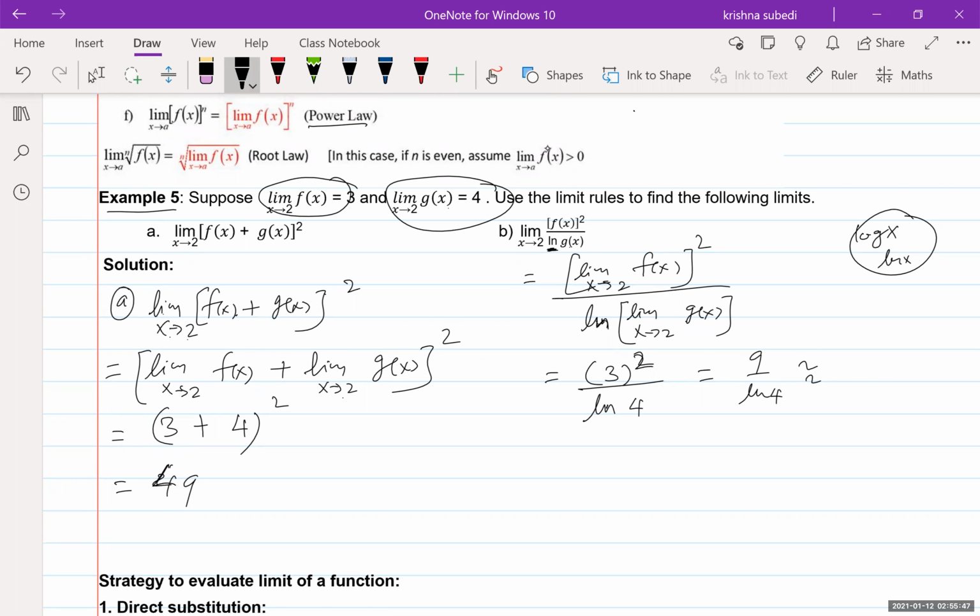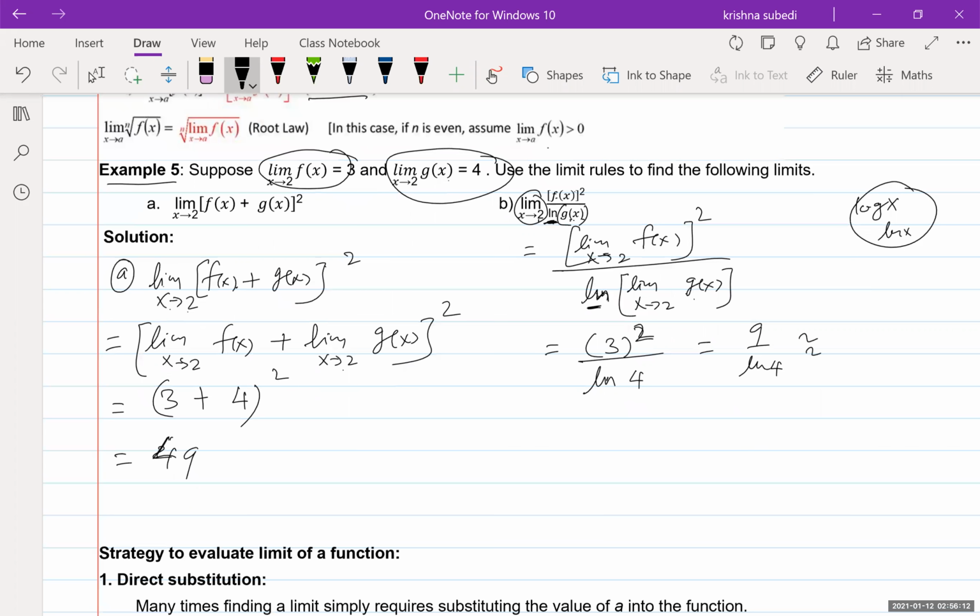In the question there is ln g of x, so I just copied that ln as it is. This limit, I put it with g of x. Remember, according to the limit law, we need to put that limit with the function f of x, g of x, h of x, whatever the function is. So I put that inside. Oh, okay. Got it.